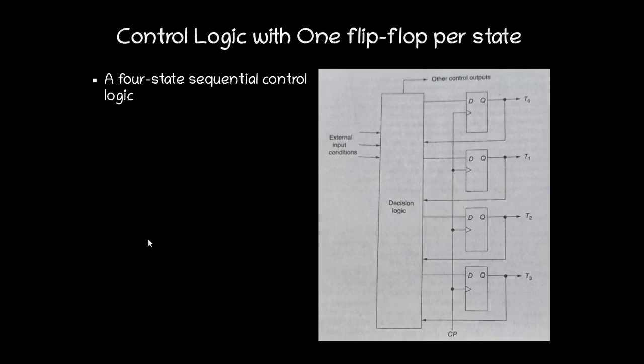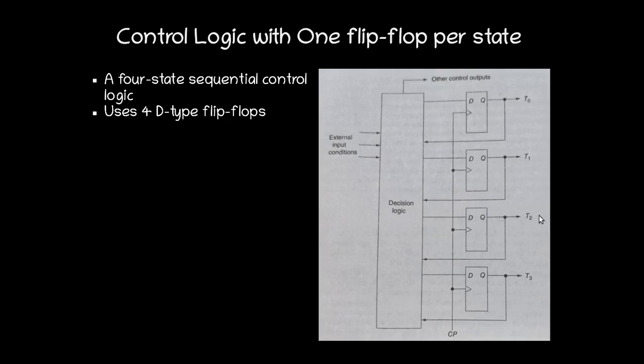So this is the control logic corresponding to a 4 state sequential control logic. Here we are using 4 D type flip flops, and all are connected with a decision logic. The D inputs are connected with the decision logic, and a common clock pulse is given to all the D flip flops.